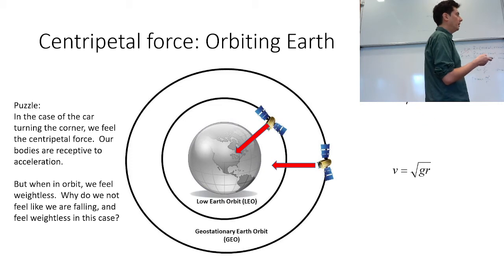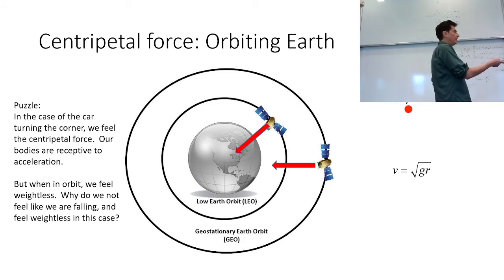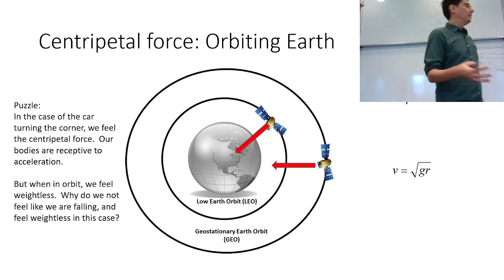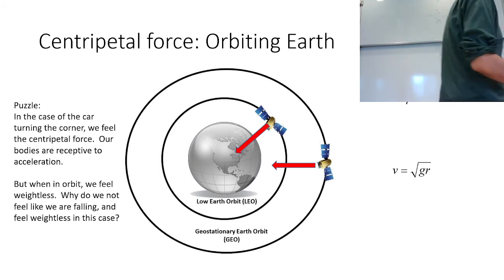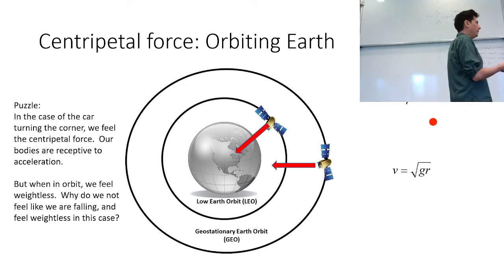So in this case, mg is mv squared over r. If you're pretty far from the Earth, this g will not be quite the 9.8 that we experience because it's a bit further away. So this g might be a little bit weaker, but basically it's still the gravitational force that's providing the pull inwards.